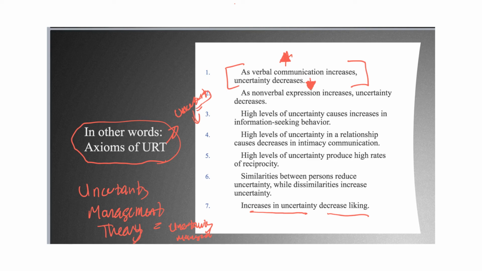And the whole theory of uncertainty management came from the medical context. There are some patients who don't want to know the results of their tests, whether it's HIV or cancer. They would rather not know, because knowing would destroy them, essentially.